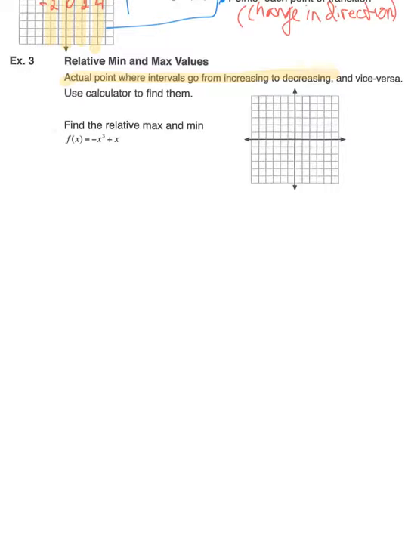Then for step 2, you're going to hit the graph button, and you should be in your standard viewing window unless you need to change it for some reason. For instance, to find the relative max or min, you want to see it in the window, so sometimes you might have to zoom in or out. And then step 3, once you graph it, you're going to go to the calc menu.